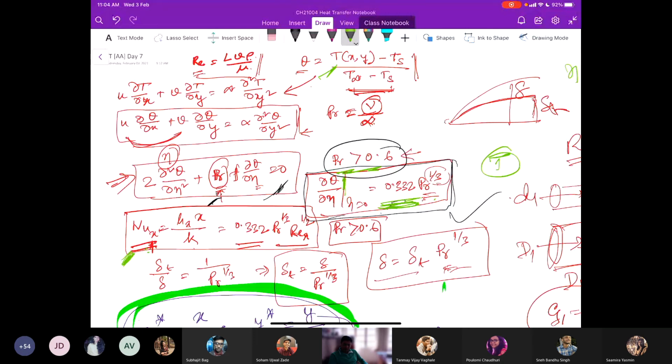So this dou theta is essentially dou T in some extended form, and it is essentially the Nusselt number.